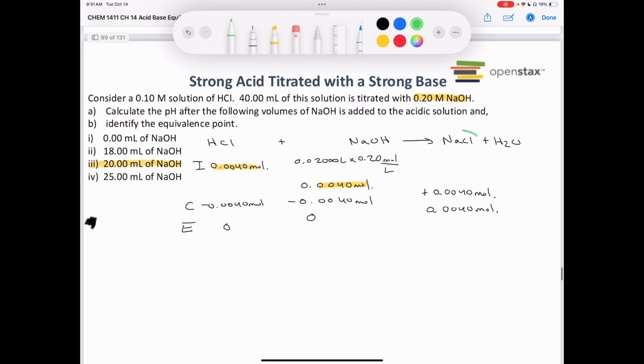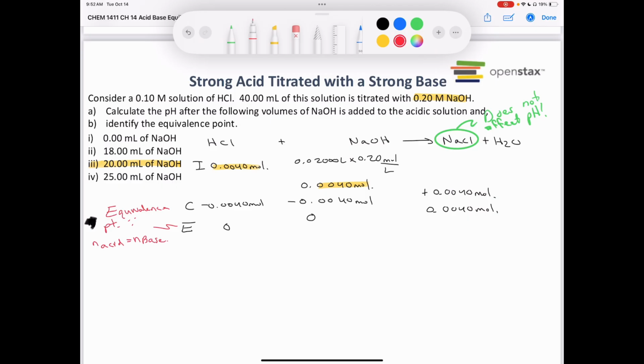But we know that sodium chloride does not affect pH. And so we are at the equivalence point. So we can write that down here. We are at the equivalence point, since the number of moles of acid is equal to the number of moles of base.